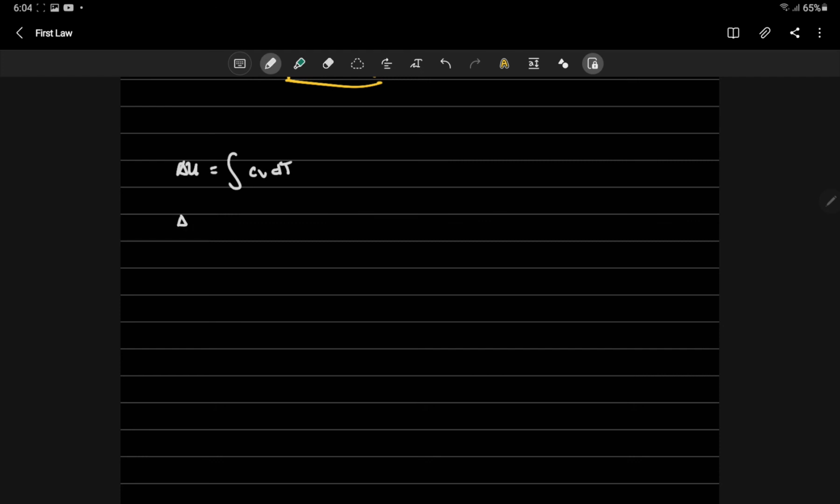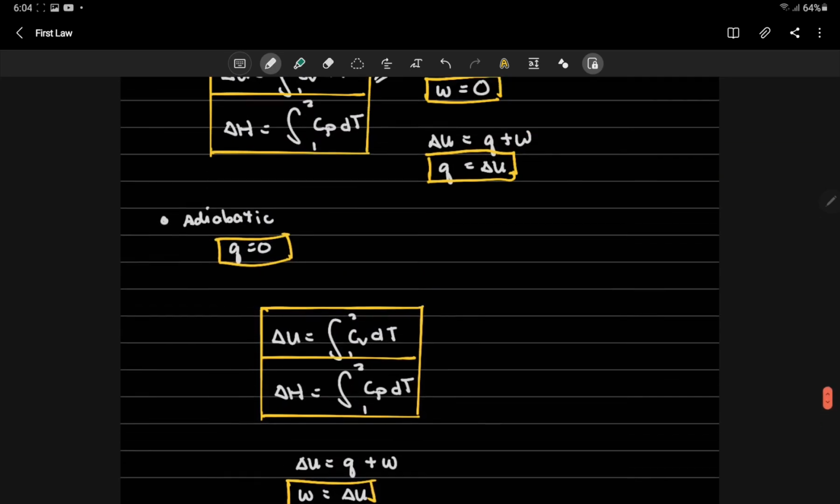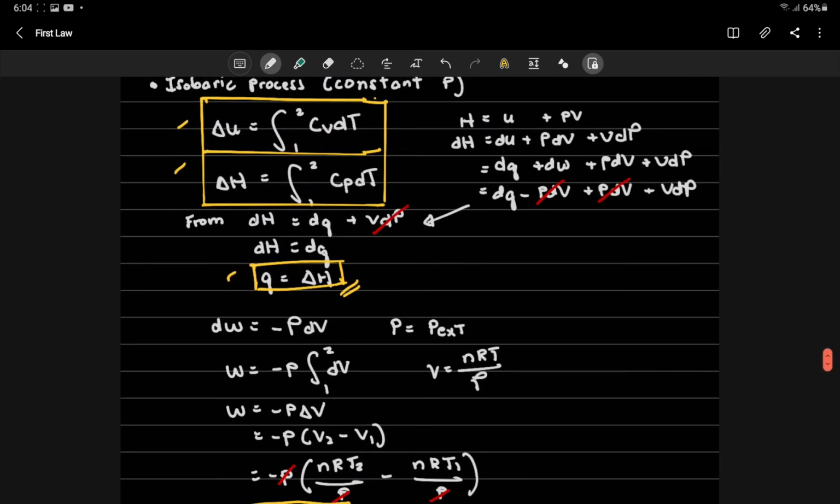Yung expression ni delta H, integral ni CP dT. Yung ideal gas equation, PV equals nRT. And yung first law of thermodynamics, which is delta U equals Q plus W. Yun lang. Yan lang yung apat na tatandaan natin, plus yung conditions na given. And from these four equations, you will be able to derive all of these equations that we discussed so far.